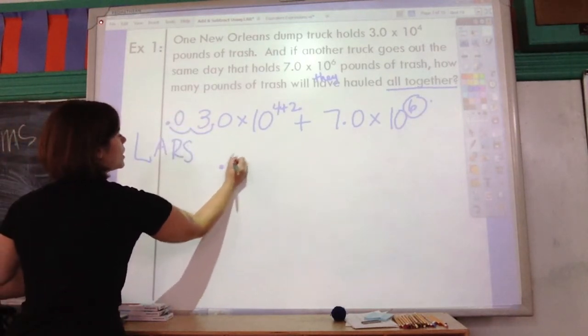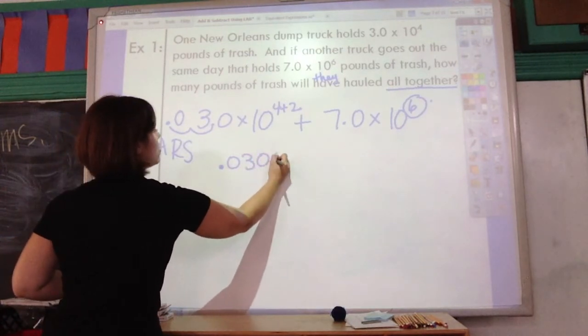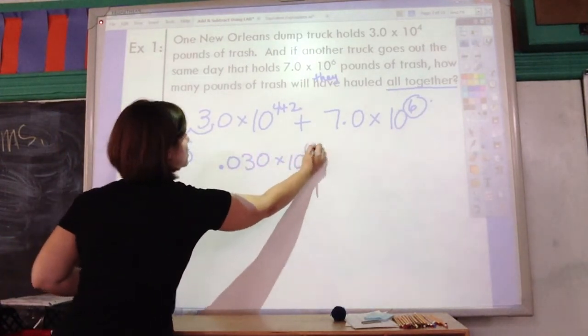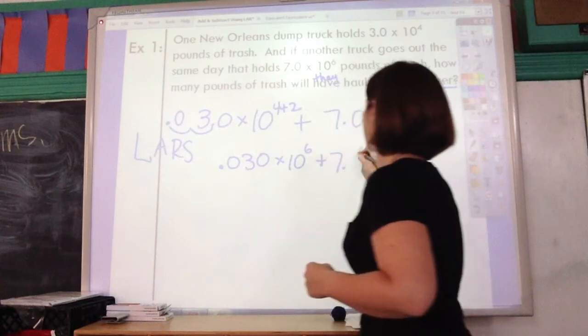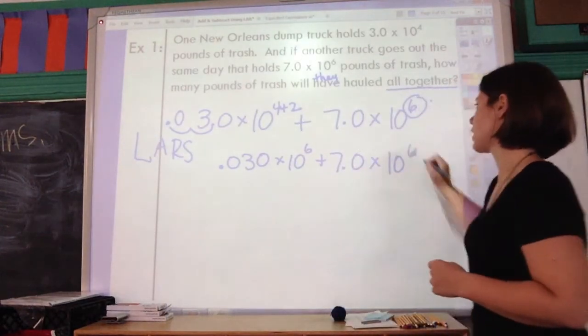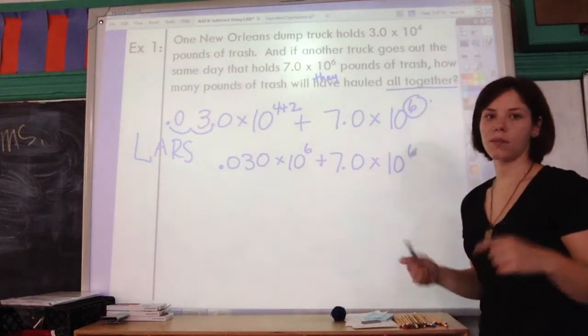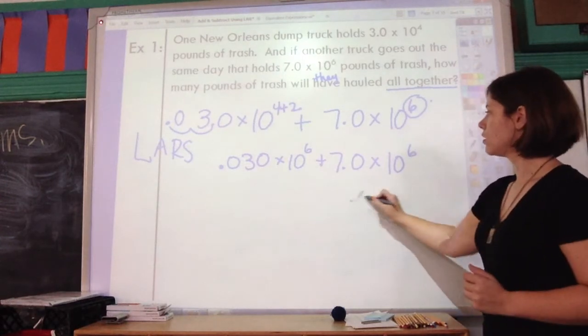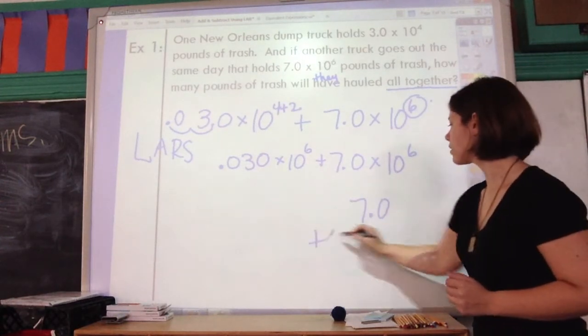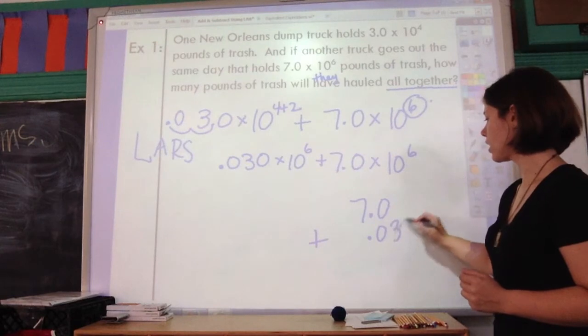So my new problem is 0.030 times 10 to the 6th plus 7.0 times 10 to the 6th. Now that my exponents are the same, I can add up my coefficients. 7.0 plus 0.030.